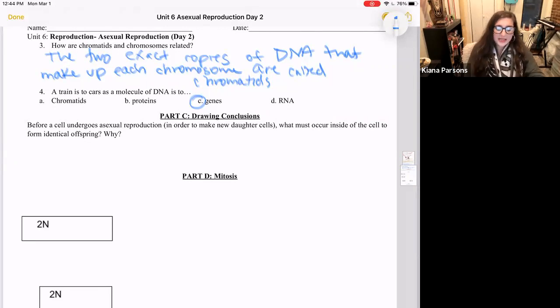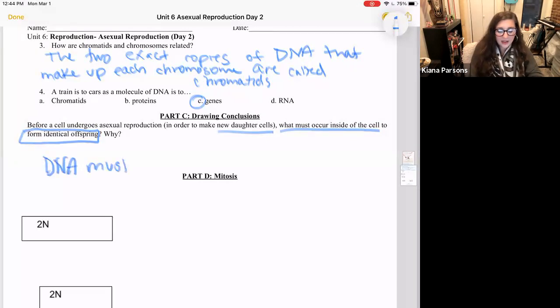Before a cell undergoes asexual reproduction, in order to make new daughter cells, what must occur inside of the cell to form identical offspring, and why? So in order to reproduce, what needs to happen inside of the cell to form the identical offspring? The DNA must be replicated.